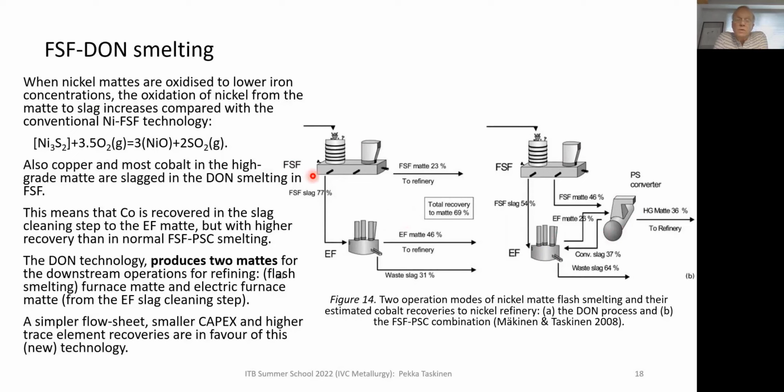So we have a similar flash melting furnace as here, and then an electric furnace. And this setup generates two different mattes.